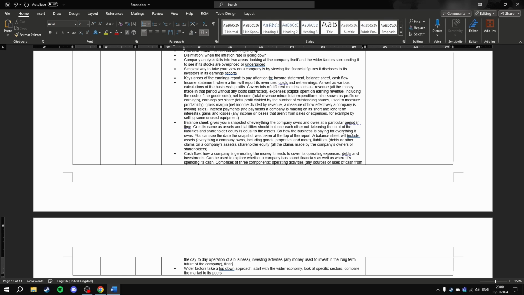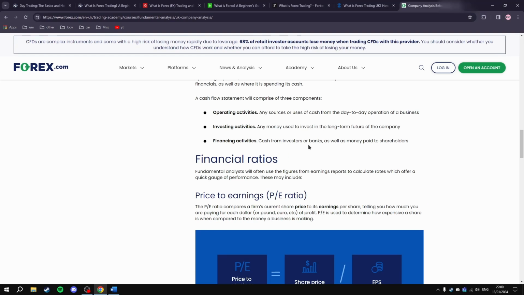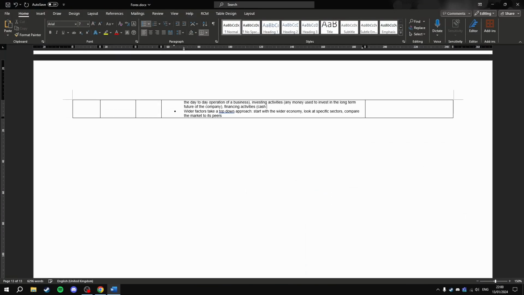Financing activities: cash from investors or banks, as well as money paid to the shareholders.